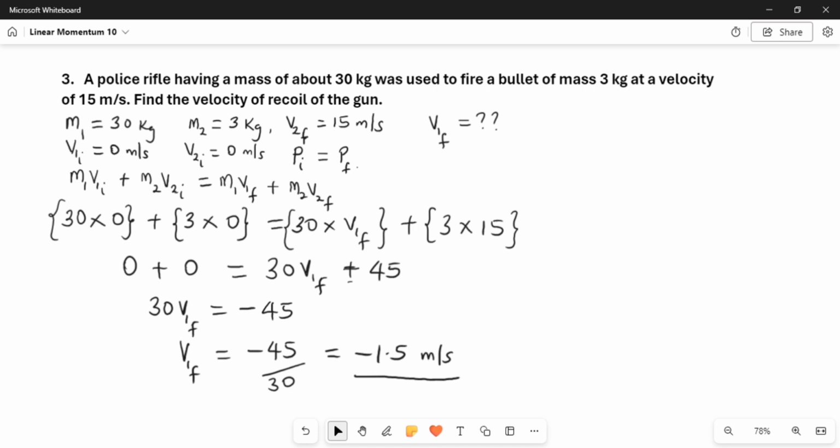What is the essence of this negative sign? The minus sign, that's the negative sign, indicates that the velocity and the momentum of the rifle are in the negative x direction, that is in the direction opposite to that of the bullet. So I'll just write that here. And let me type that.